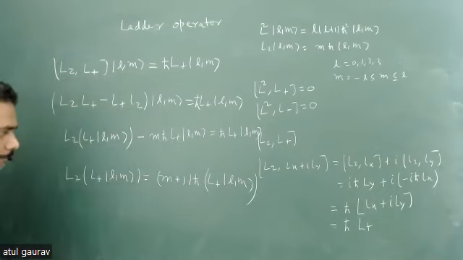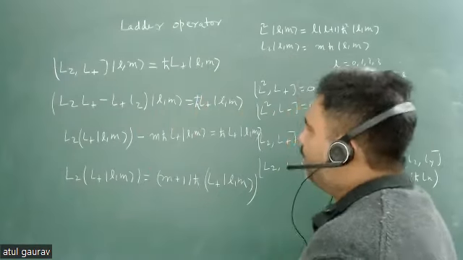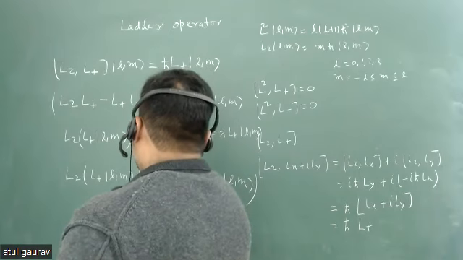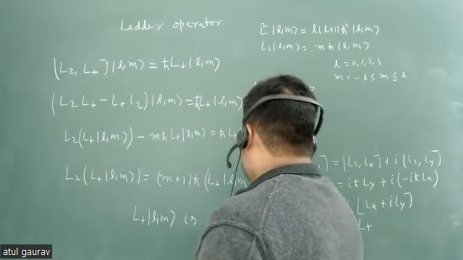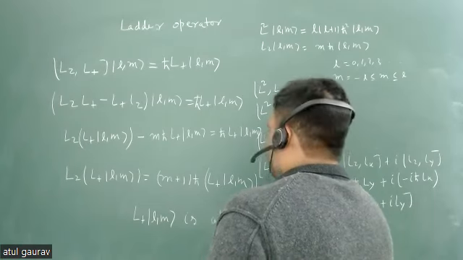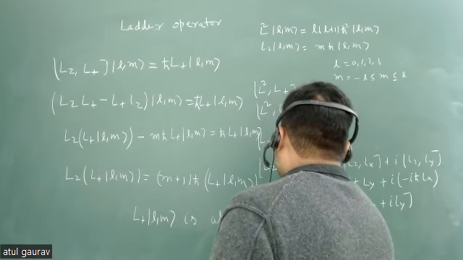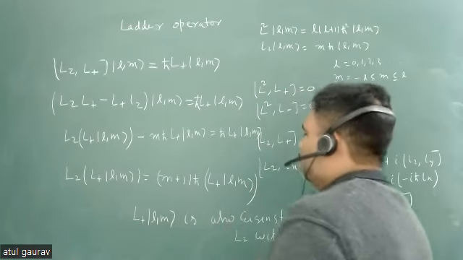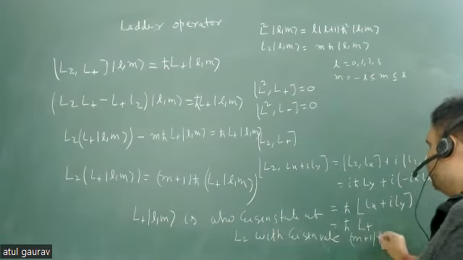Are you people happy? So I can say that L plus |l m⟩ is also an eigenstate of Lz with eigenvalue (m+1)ħ.